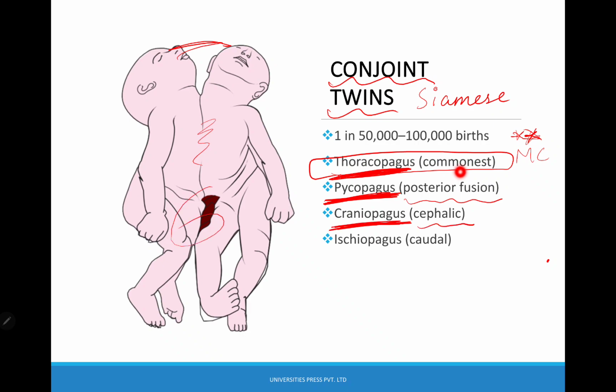And if caudally they are attached, then it is ischiopagus. So the conjoined twins are 4 types. The most common one is thoracopagus, where the thorax region is attached. Posterior fusion means pygopagus. Cephalic fusion means craniopagus, whereas caudal fusion means ischiopagus.